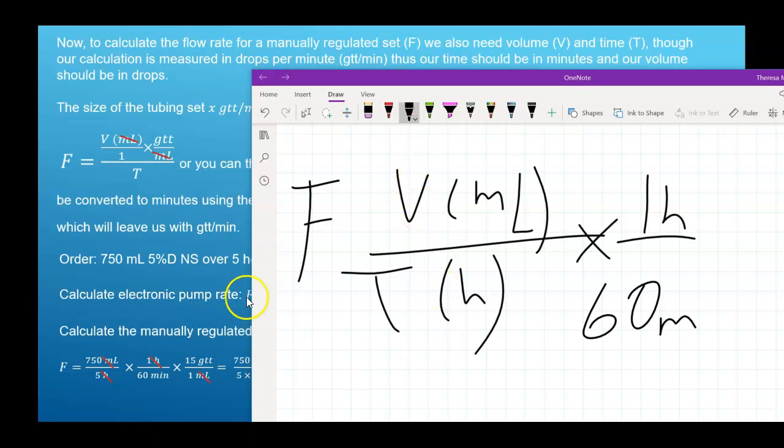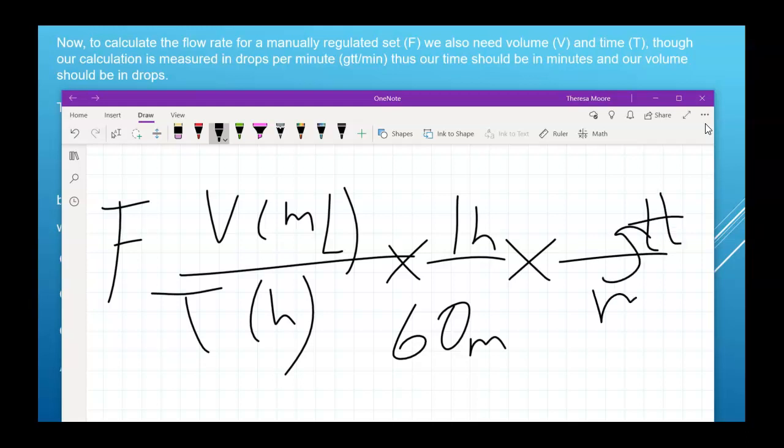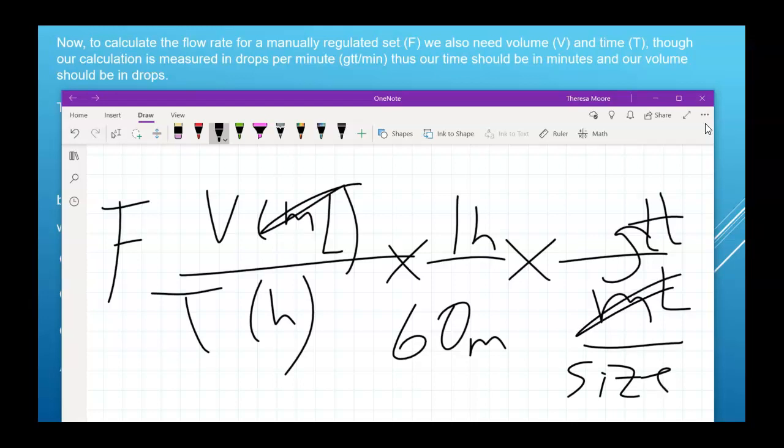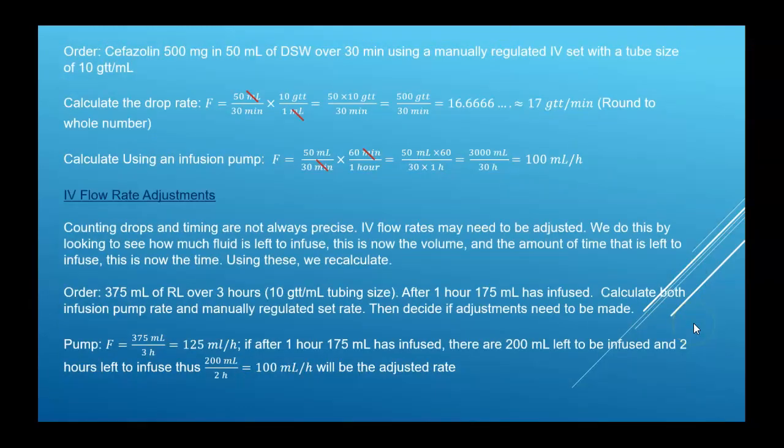Then also we have to convert our volume from milliliters to drops. That will be given to us, your number of drops per milliliter. That is the size of your set, and it will be given to you. So then you see milliliters cancel, hours cancel, and you're going to be left with the number of drops over the number of minutes.